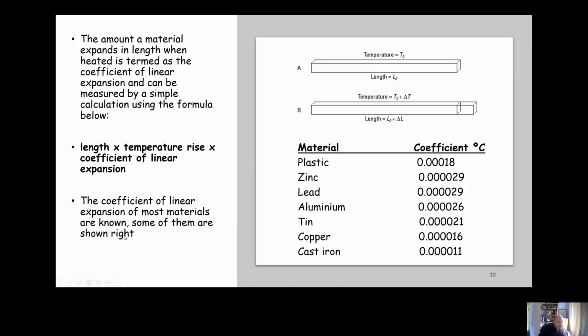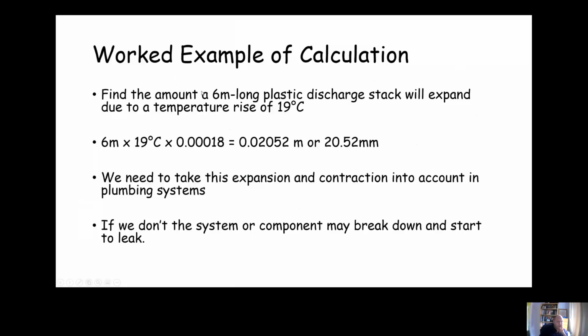So the coefficients of linear expansion for a lot of materials are known, and some of them are shown on the right just here. Okay, and this is how you do the calculation. Just for example, say we had 6 meters of a plastic discharge stack, which is heated by 19 degrees C. We know from the last page that the coefficient of linear expansion for plastic is 0.00018.